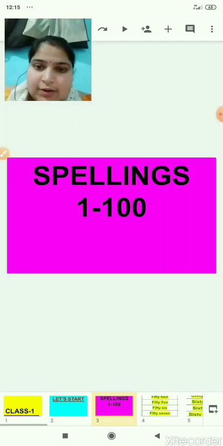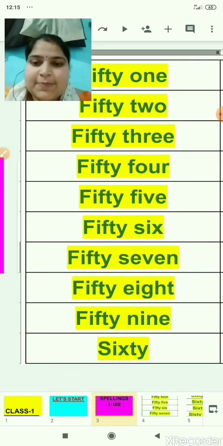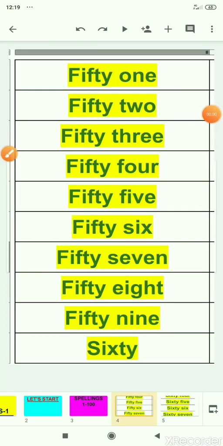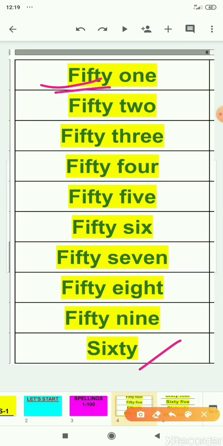We have done spellings from 51 to 100. We have spellings from 51 to 60. So, how do we write? First of all, we have to write 50, that is FIFTY, then ONE for 51.